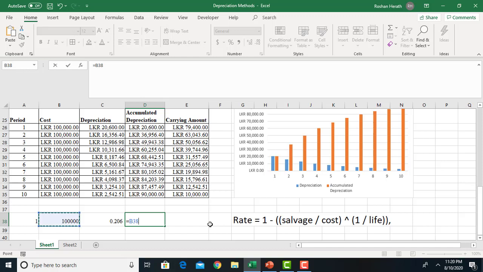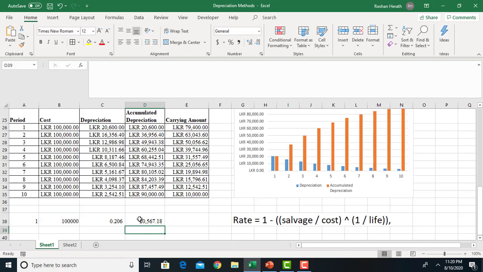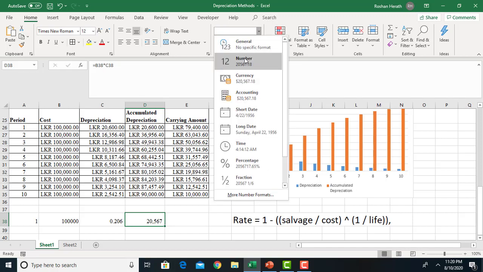It is 100,000 multiplied by 0.206. So you can see that it comes as 20,567. Let's round it even and let's see. There seems to be something wrong with the number.